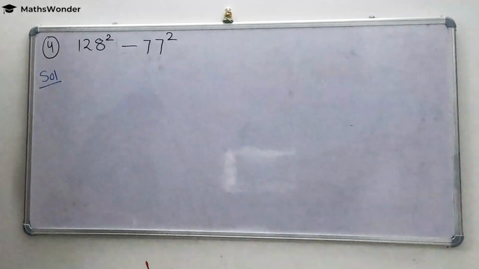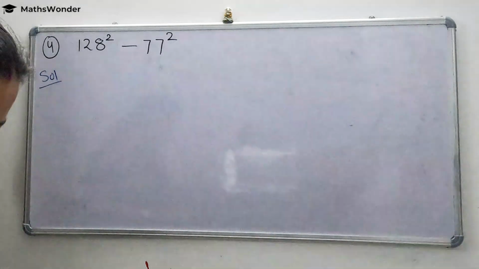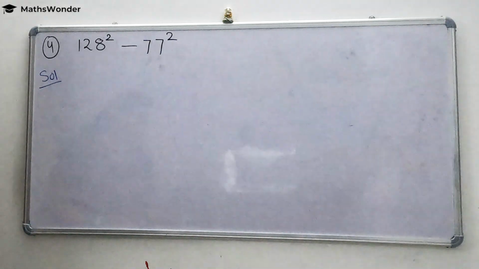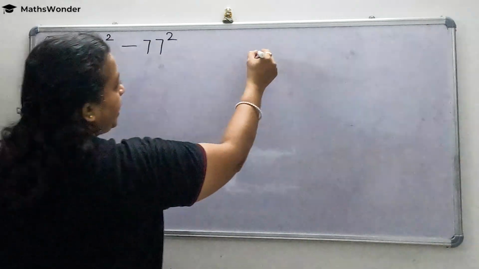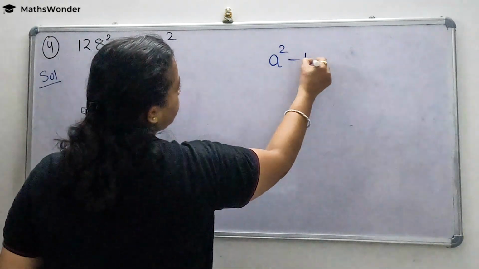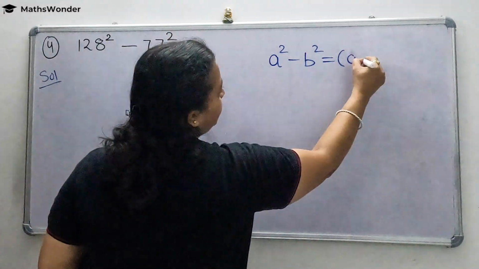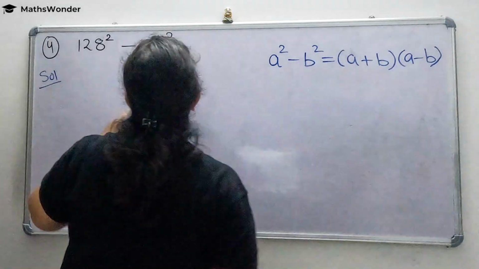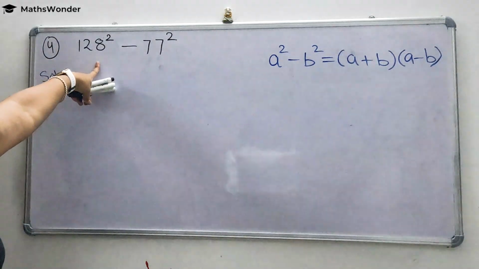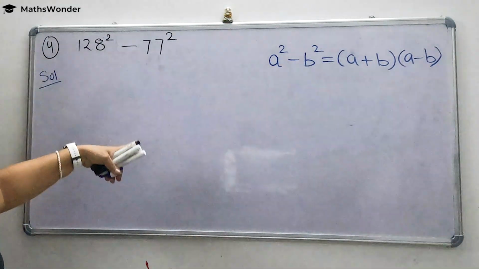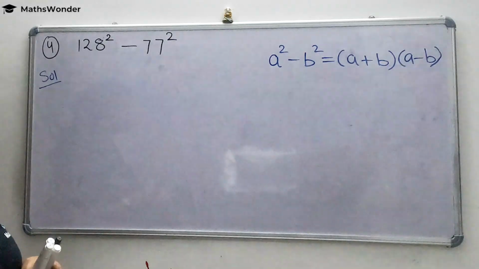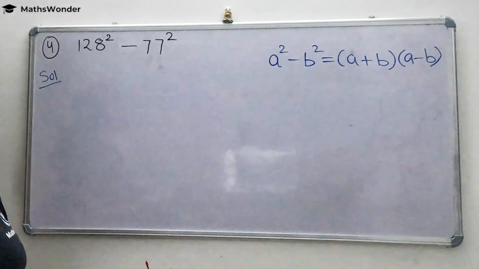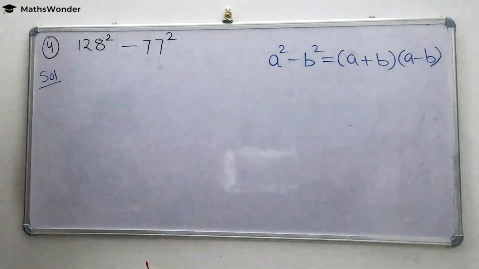Probably it's going to be the third one. Third one, right? So how will you apply it? 128 square minus 77 square is given, so how can you write it? A plus b and a minus b, right? You can solve this question normally, writing 128 times 128 and subtracting 77 times 77, but it will be difficult.